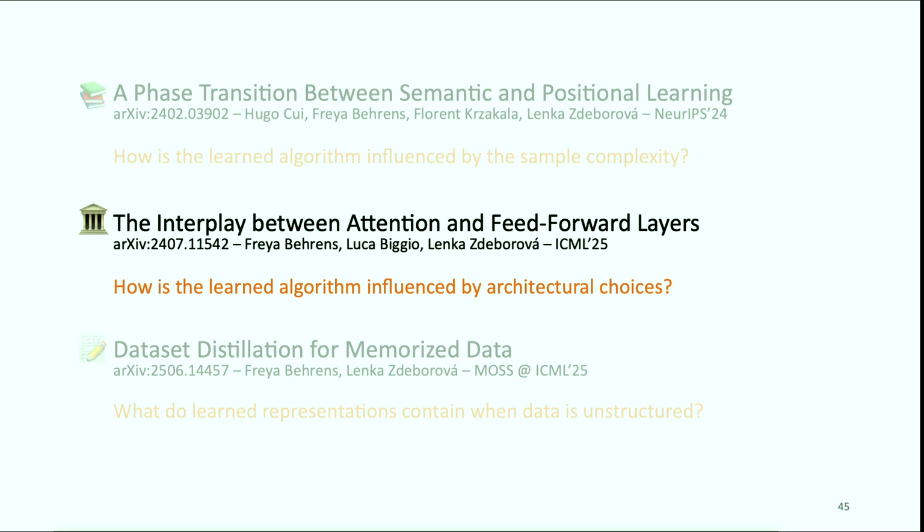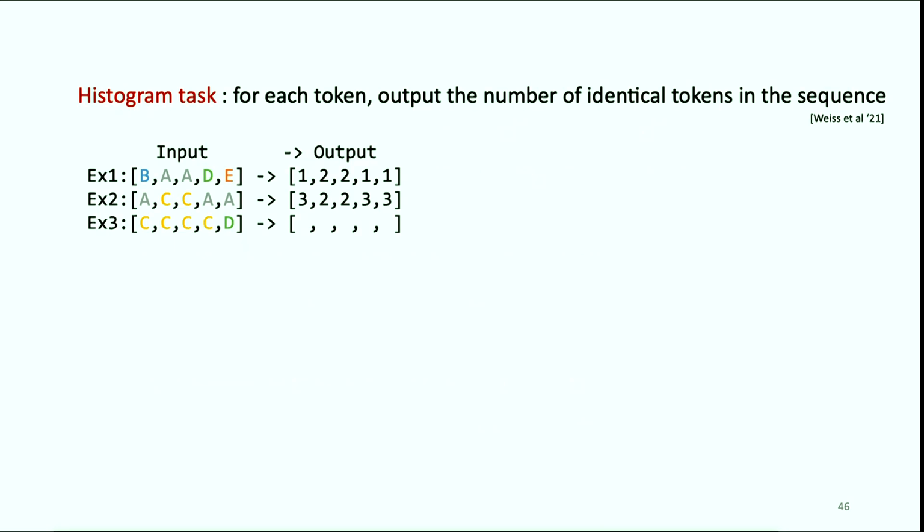There you actually look at a specific task where you take an input sequence and you want to solve an algorithmic task, in this case counting, so how many tokens are in the sequence.